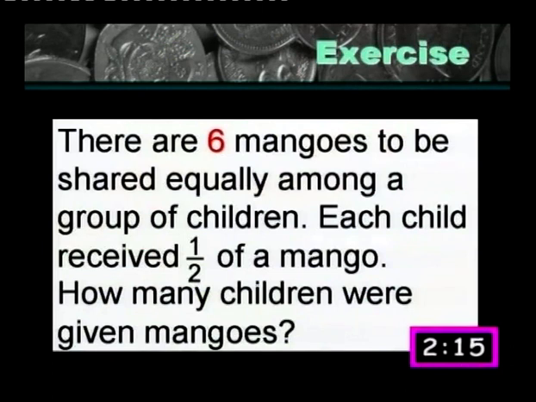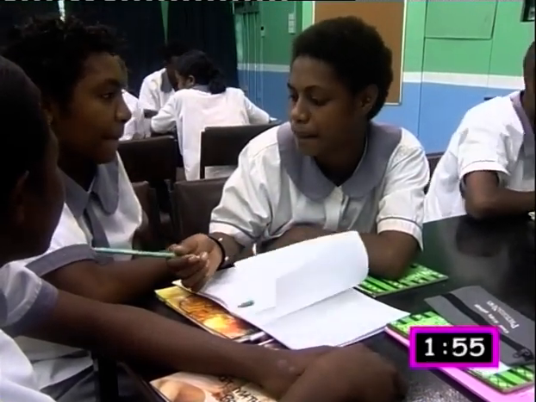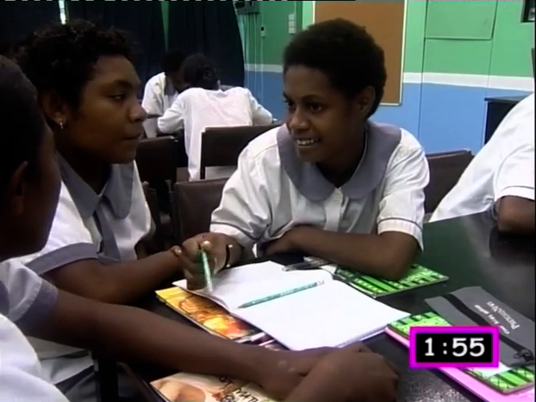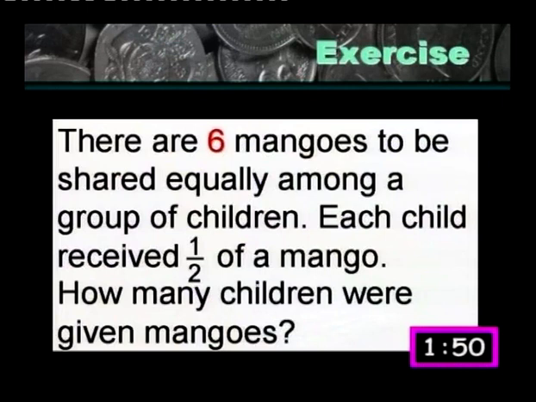Okay, good. You got the answer? How did you get your working out? Before that, what did you do? Remember, you are dividing fractions here, and you're using the reciprocal method.